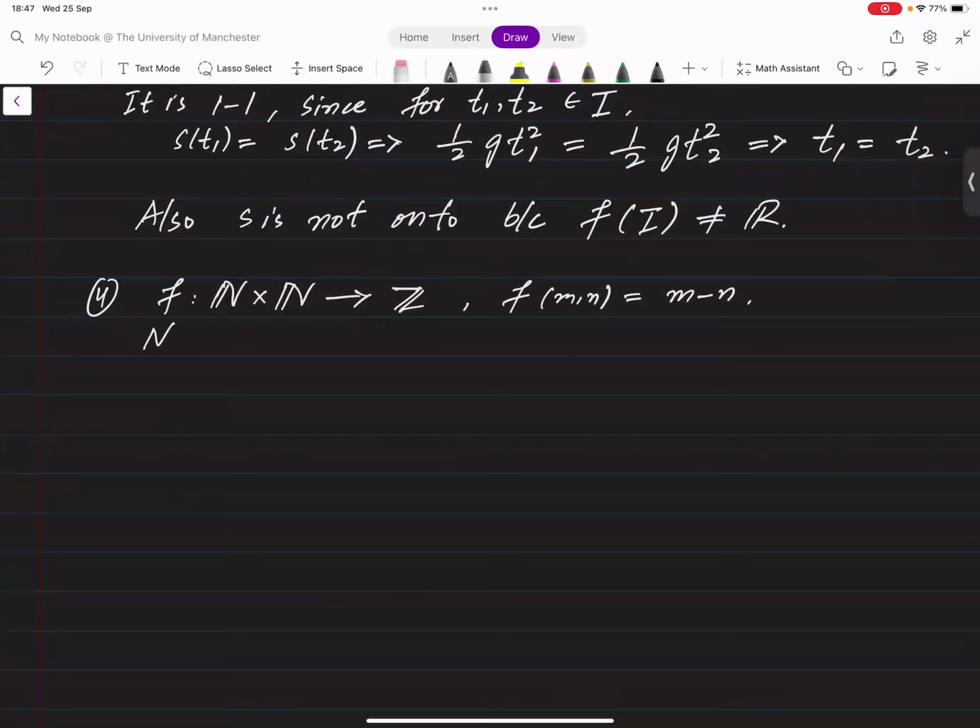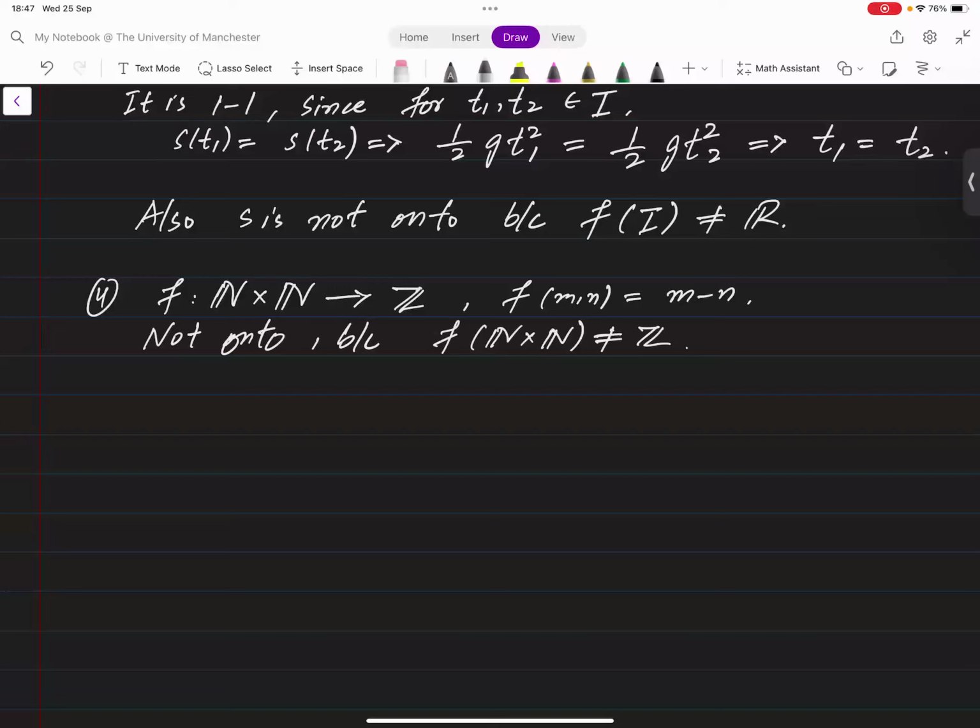Not onto, because surely you will never get this equal to Z. Sorry, my mistake.